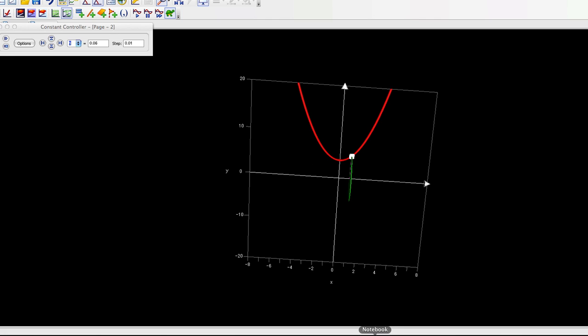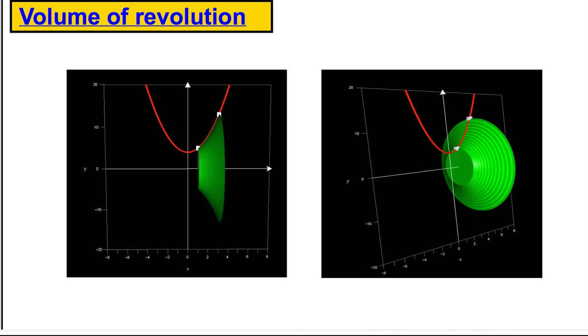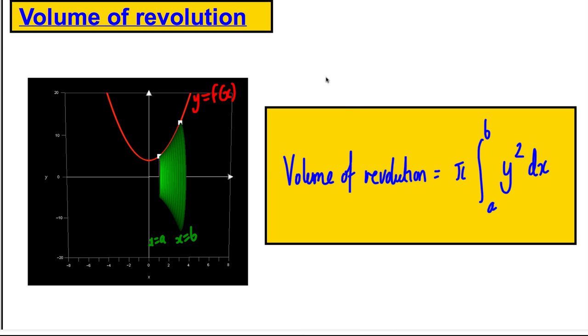So I'm going to go back now to my volumes of revolution slide, and here is the formula. I'm just going to explain the components of it. I am working out the volume of each cylinder, which is pi y squared multiplied by dx. dx is the tiny little movement in the x direction.